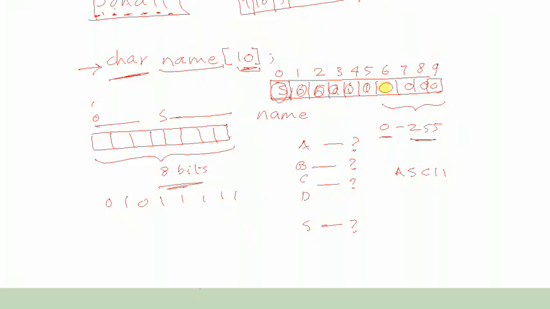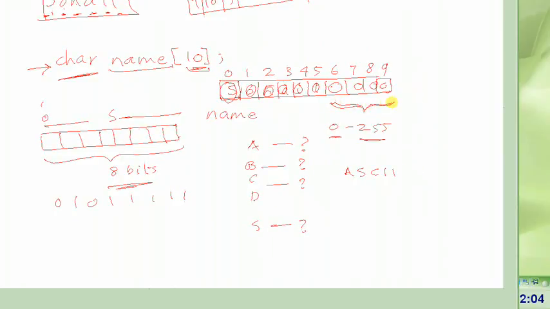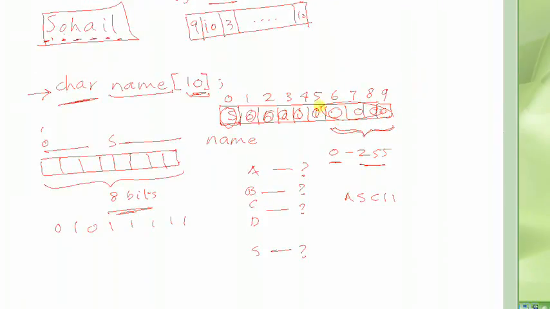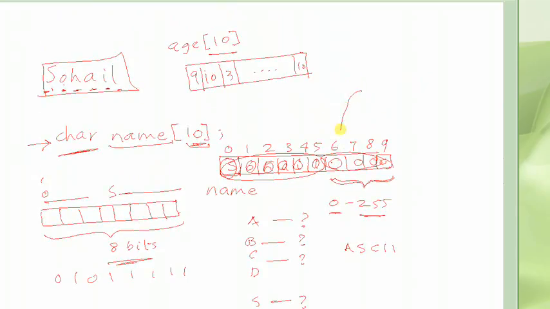Something is written here, and how do we stop it from being part of this string Suhail that we wrote here? What we have to do is write an end of string character, or null terminator, and it is a 0. You write a 0 here.